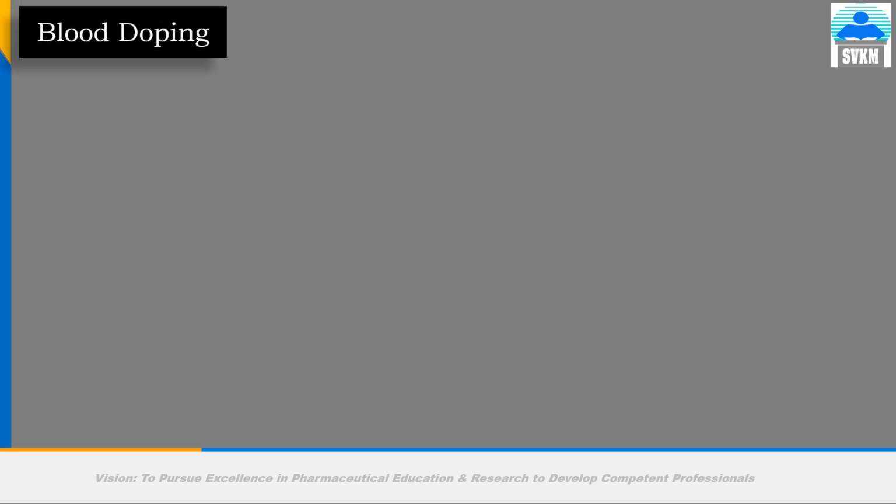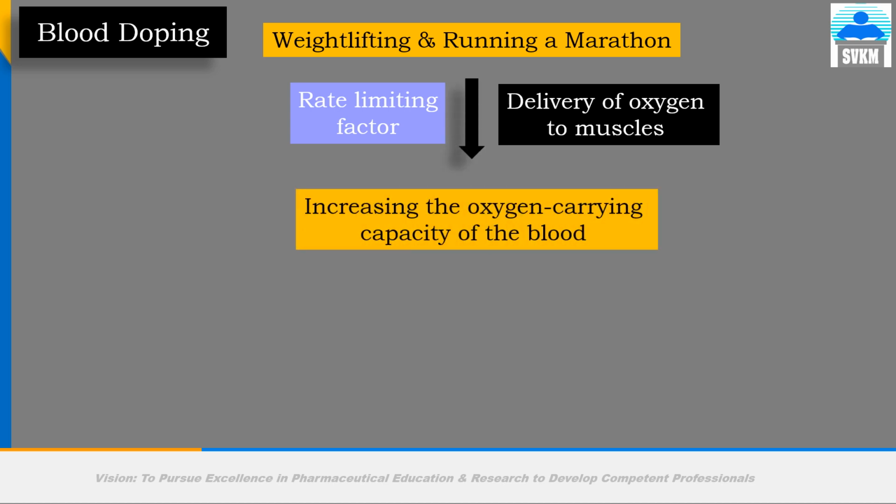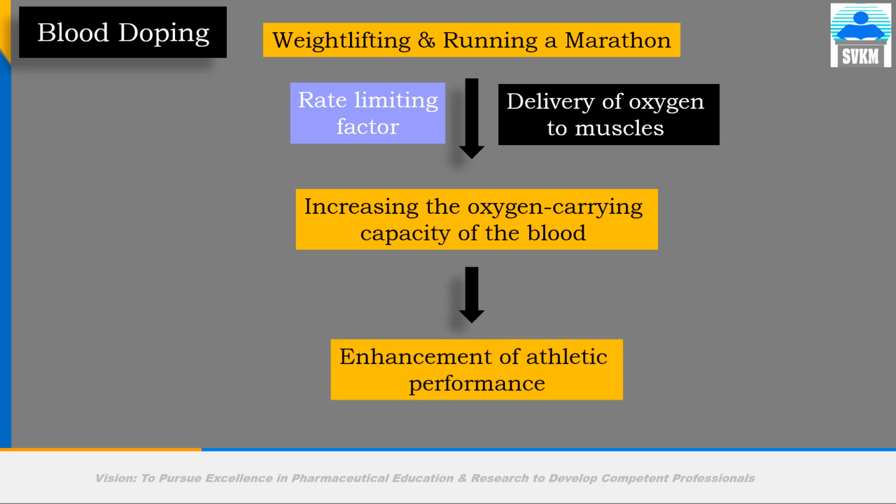Now the next point, that is blood doping. Delivery of oxygen to the muscle is a rate limiting factor in muscular fatigue from weightlifting and running a marathon. As a result, increasing the oxygen carrying capacity of the blood enhances athletic performance, particularly in endurance events.